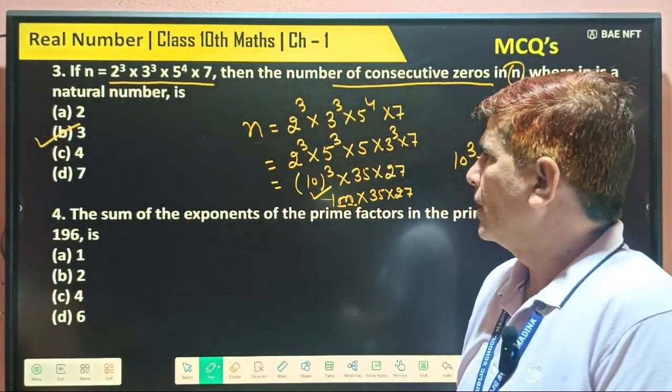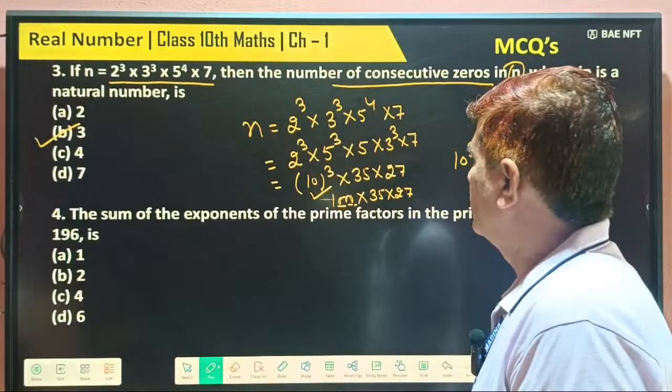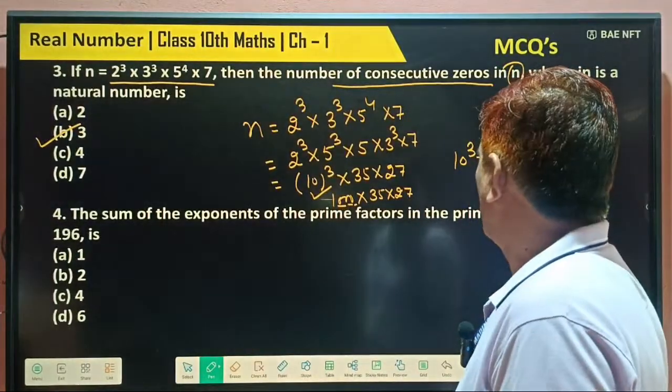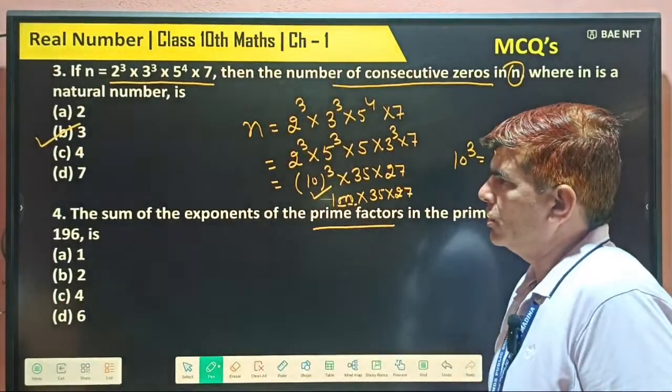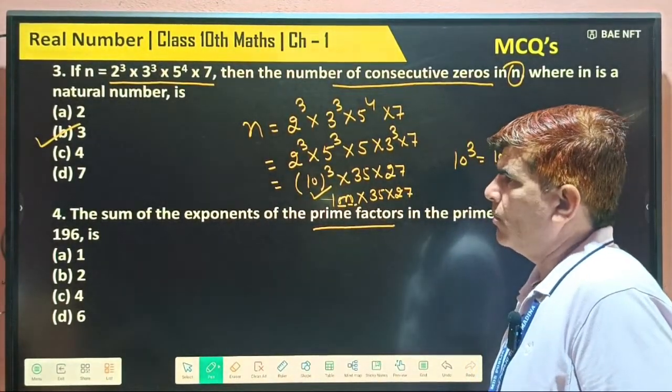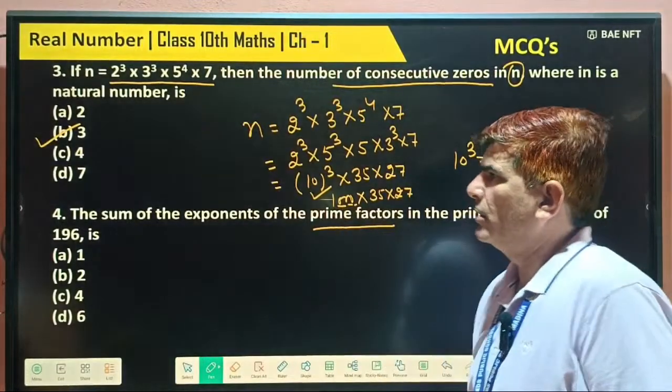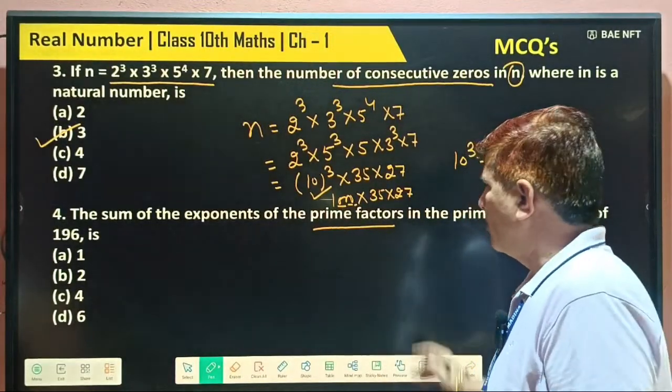Now look, the sum of the exponents of the prime factors in the prime factorization of 196. Exponent means power.